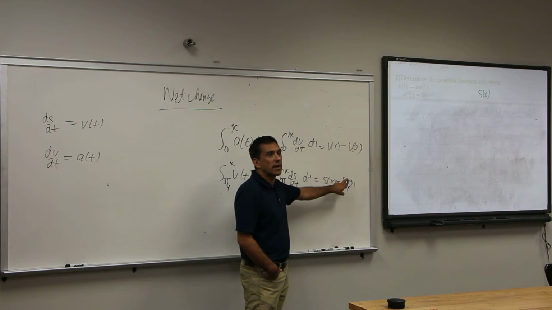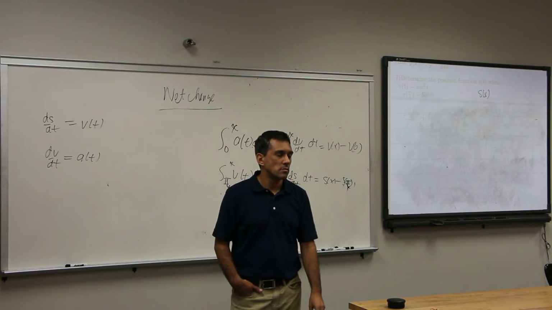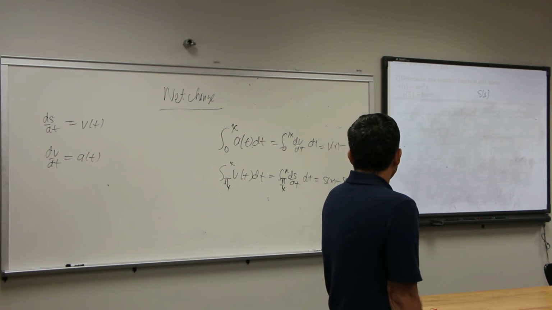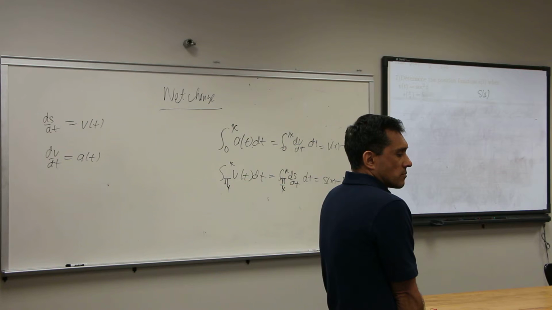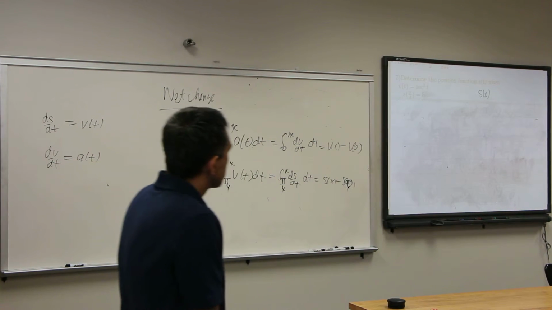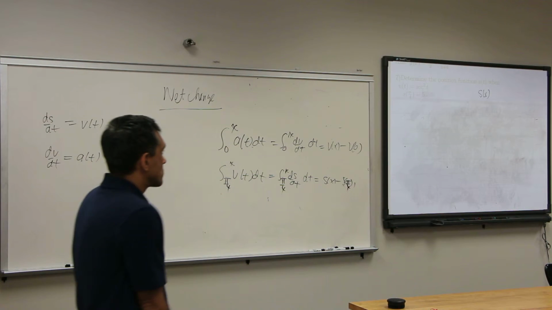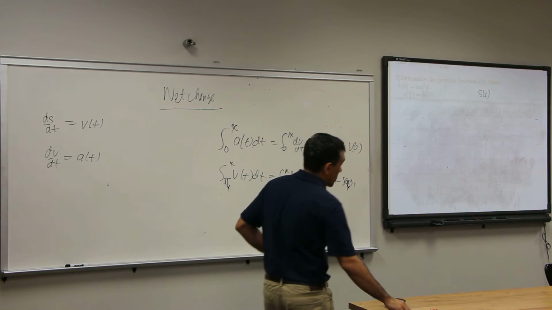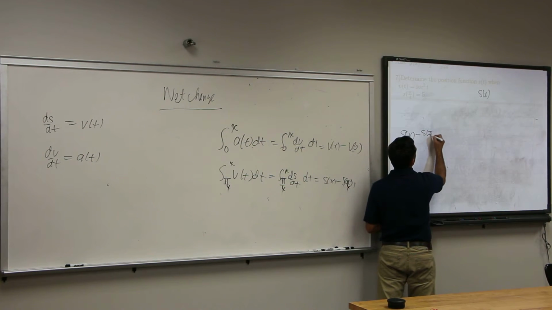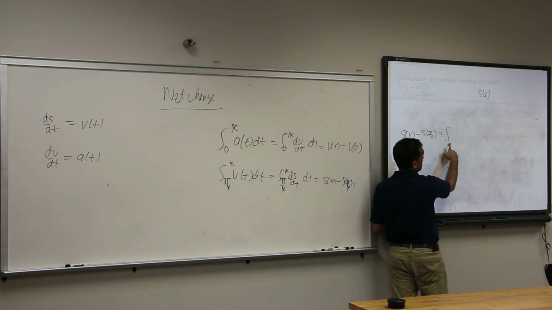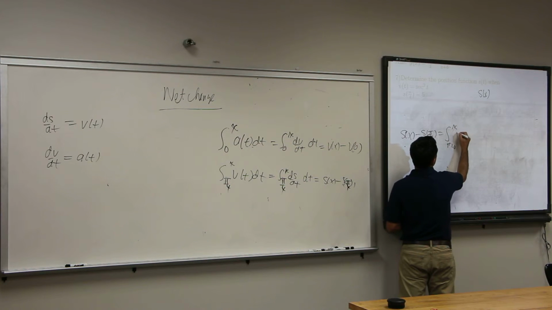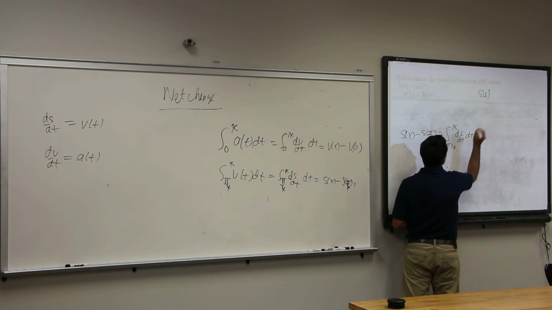And I will have s of x minus s of pi by 4. What is s of x? Here it is. S of x minus s of pi by 4 is the integral from pi by 4 to x of ds by dt dt.